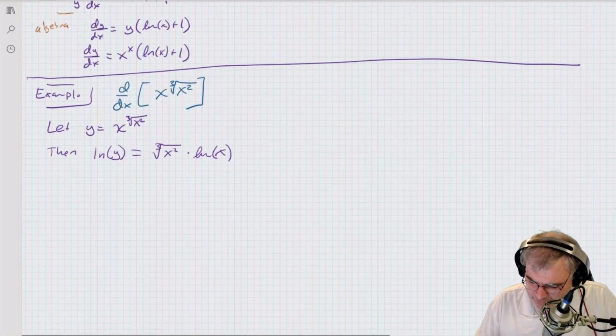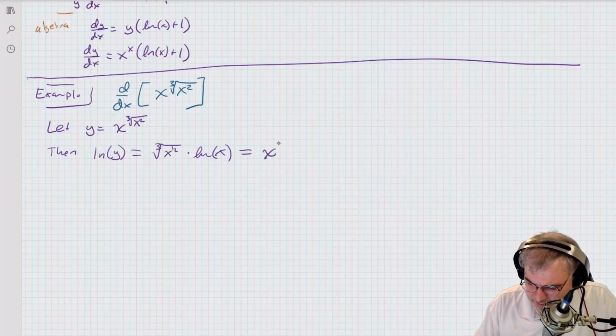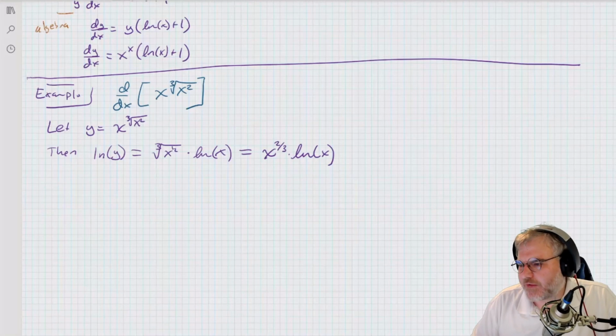And I'm going to simplify this thing out right here. I'm going to do the x to the 2/3 power times ln of x. All right, so it looked intimidating, but it wasn't really. This has more bark than bite.